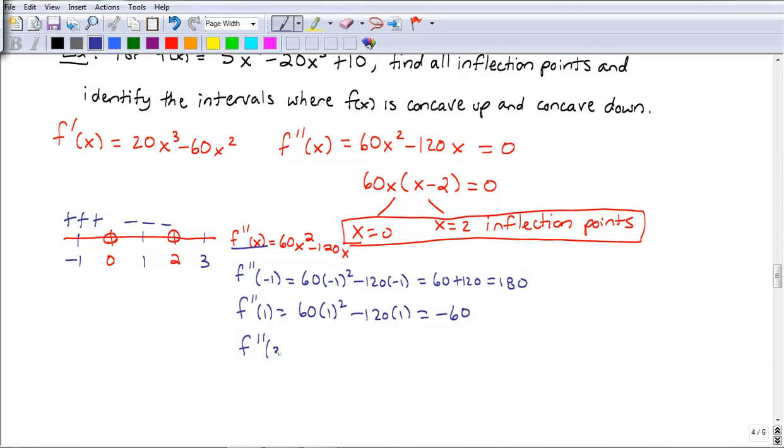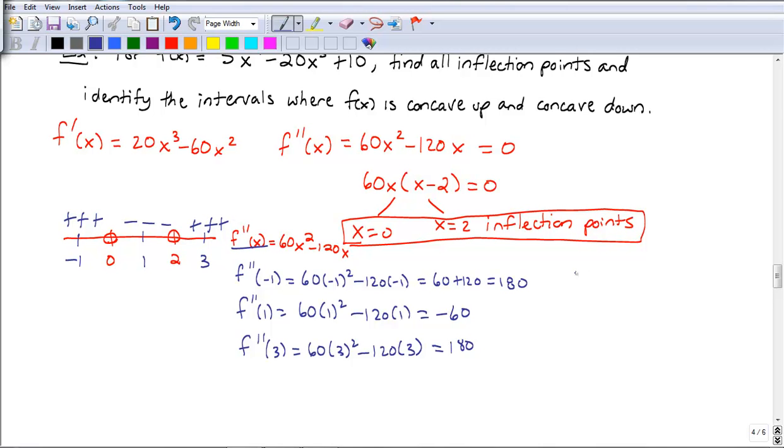In the second derivative, I plug in the last test point, which is 3. So I have 60 times 3 squared minus 120 times 3. And I get 180, which is a positive. So that tells me the second derivative is positive, so it's concave up there.